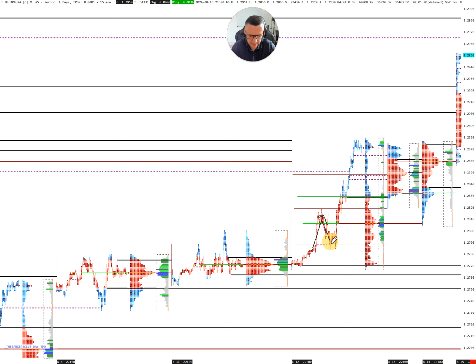So for an entry, I'd be looking in and around this single print area here, okay? But I'd be looking at my other charts for a confluence in this area and the footprint to confirm my entry to get long in this area here. And then it's just obviously gone imbalanced.